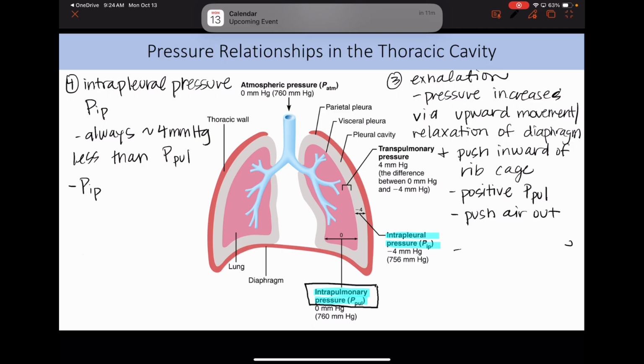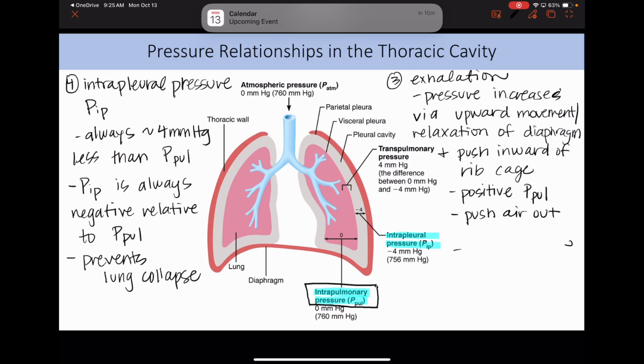So PIP is always negative relative to the pressure inside your lungs, which is P-pul. And this prevents lung collapse.